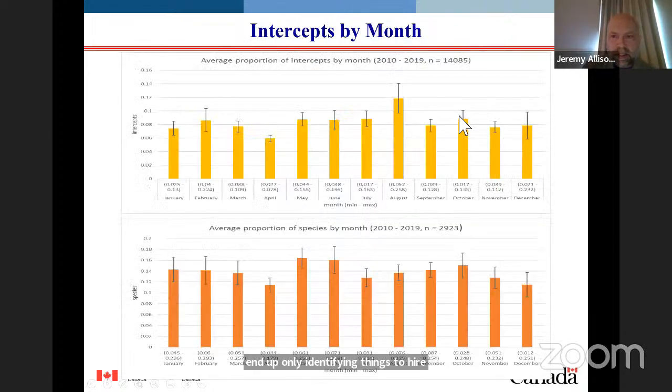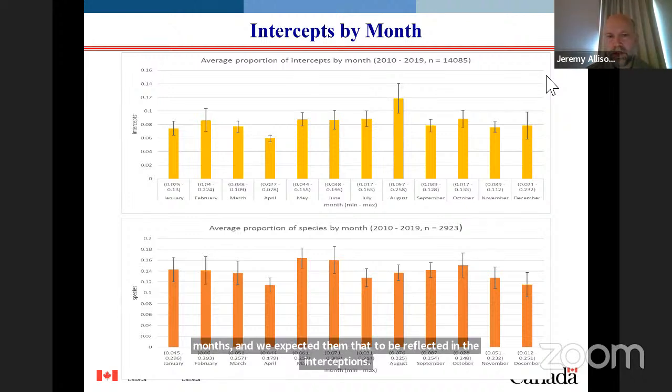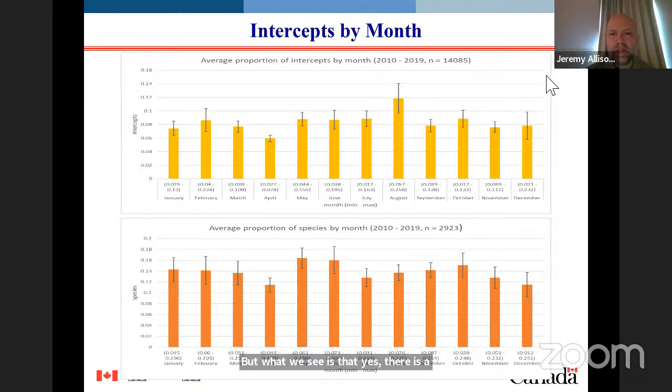But when we look at that data, one of the things that really surprised us was that we expected a pulse in the number of intercepts driven by the time of year, since many of these organisms are only active in the summer months, and we expected that to be reflected in the interceptions. But what we see is that, yes, there is a pulse, but it's not as profound as we thought it would be.